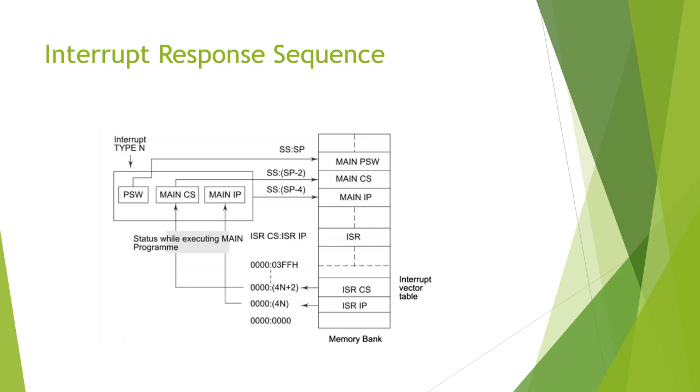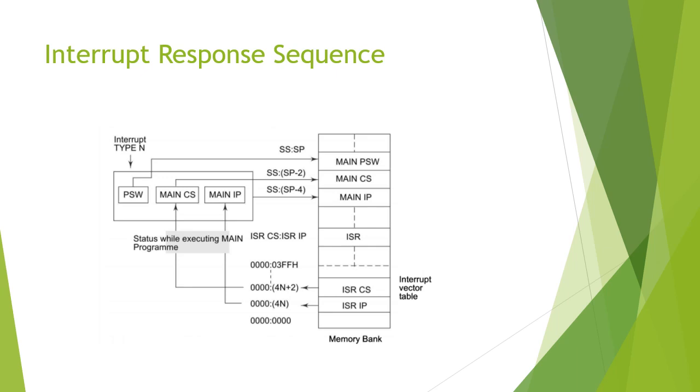All this, the status word, the code segment value and the IP value, will be pushed to the stack. You can see this has been pushed, and then this, and then this. Since it is a stack, first the PSW has been pushed, then it is growing downwards, then your main CS and then your main IP.